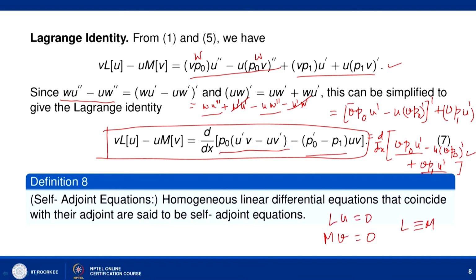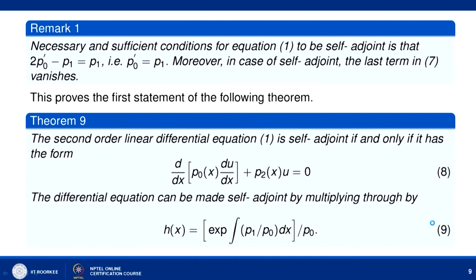So let us find the condition under which equations are self adjoint. The necessary and sufficient condition for equation 1 to be self adjoint is that 2 p naught dash minus p1 is equal to p1.